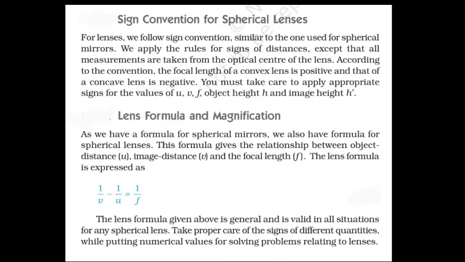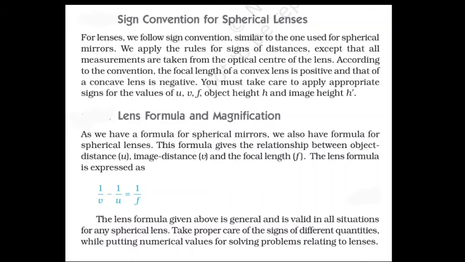According to the convention, the focal length of a convex lens is positive and that of a concave lens is negative. You must take care to apply appropriate signs for the values of u, v, f, object height h and image height h dash.